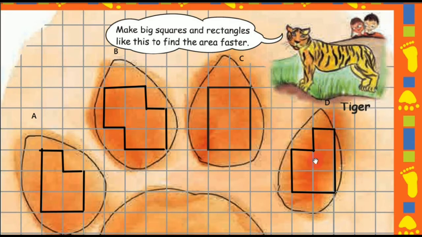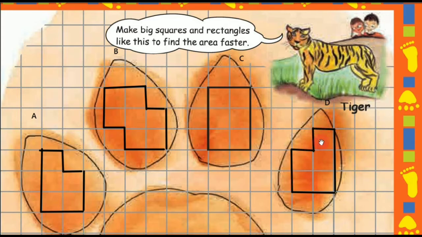Now the area of part D. How many complete squares are there? 1, 2, 3, 4, 5. 5 complete squares. And more than half filled squares? 1, 2, 3, 4 and 5.